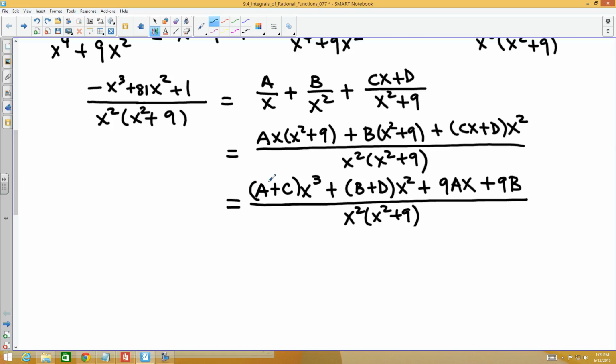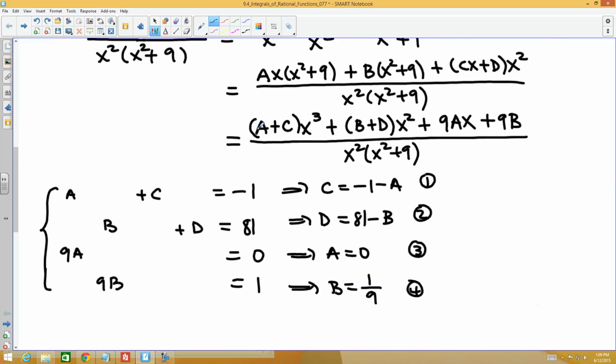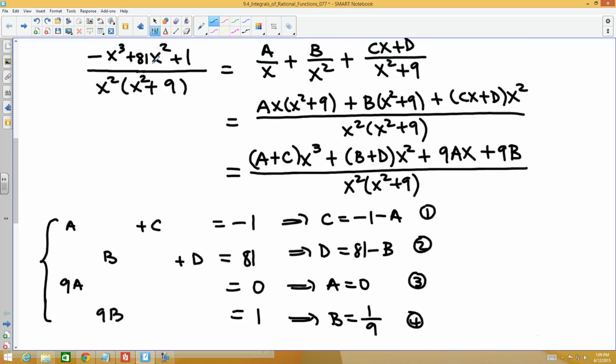You have (a + c)x^3, and you have negative 1 times x^3. So a + c is negative 1. We do the same for the term in x^2, for the term in x, and for the constant term. That leads us to this. a + c is negative 1. b + d is 81. And 9a is 0, because the term in x is nonexistent here, meaning its coefficient is 0.